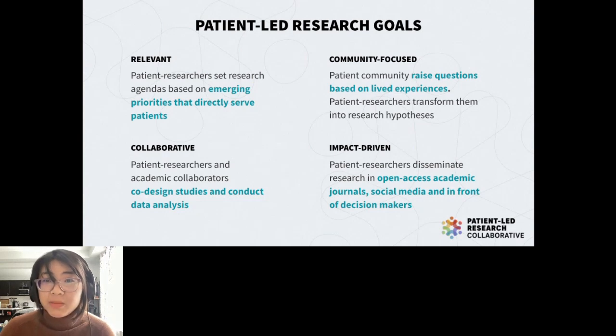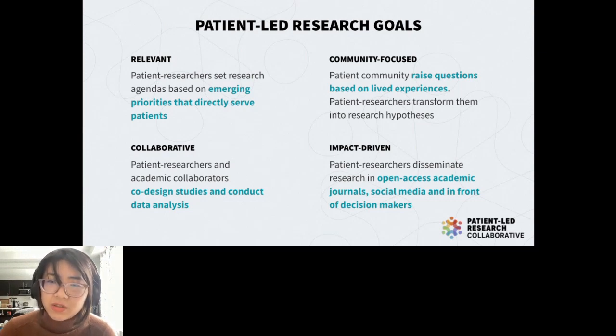Our goals are also community focused. And so the patient community raises questions based on lived experiences, very similar to how we did things in the beginning, where people would surface their lived experiences on Slack. We just help to scale this out across a lot of other communities.